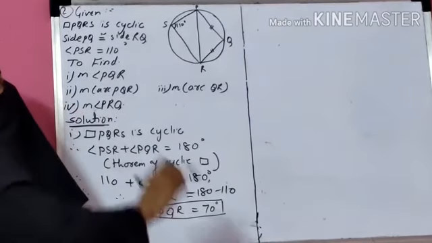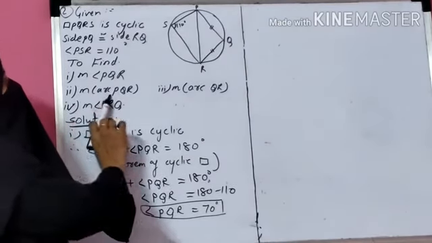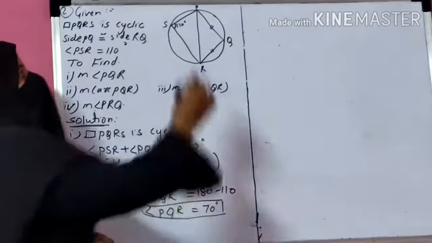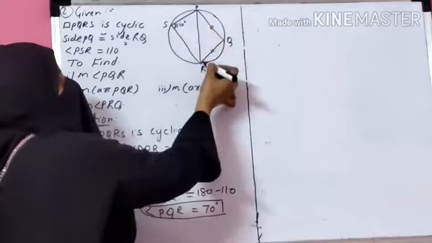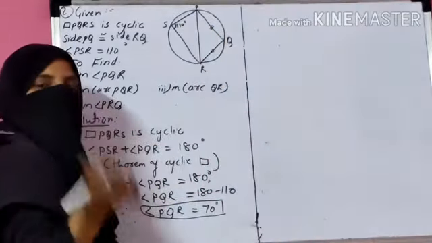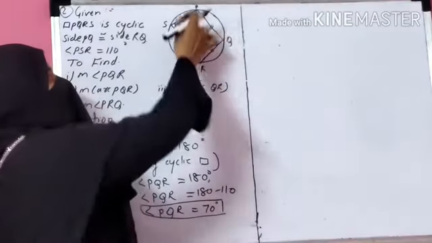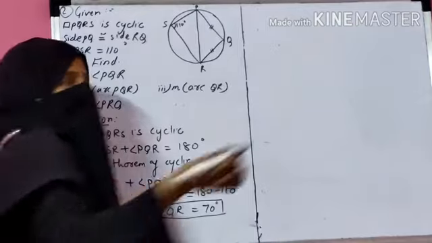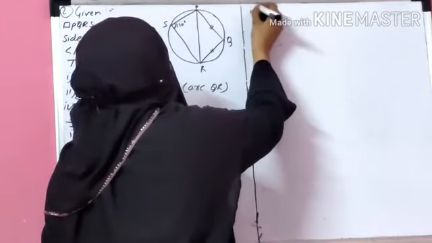Okay. Second one, you have to find the measure of arc PQR. If you observe, angle PSR is an inscribed angle and arc PQR is the intercepted arc. As per the inscribed angle theorem, the inscribed angle is half of its intercepted arc. So let's start the second one.